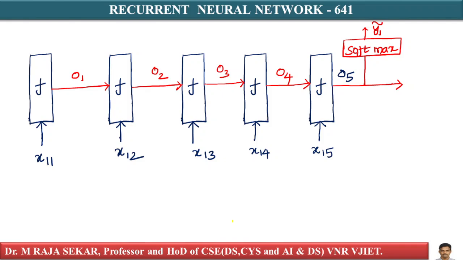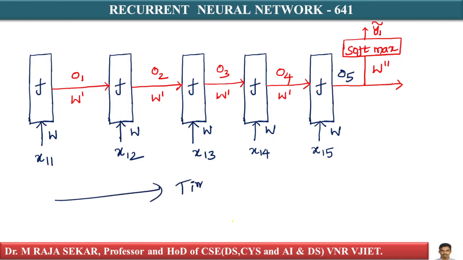These are the types of diagrams that you will see a lot. You can see the time axis here. This is the time axis. We already discussed this many times.